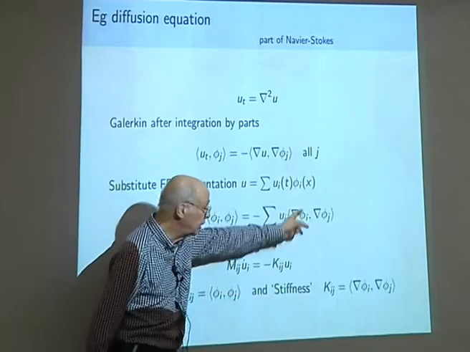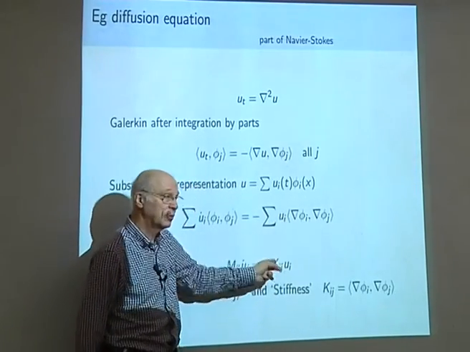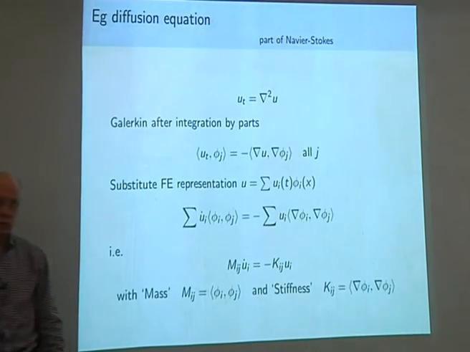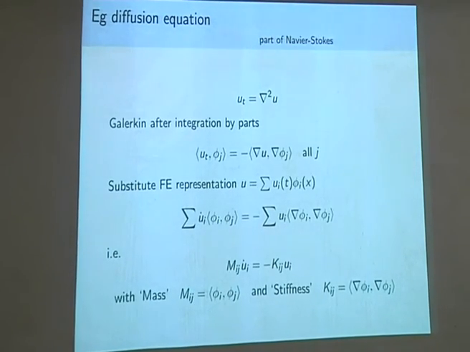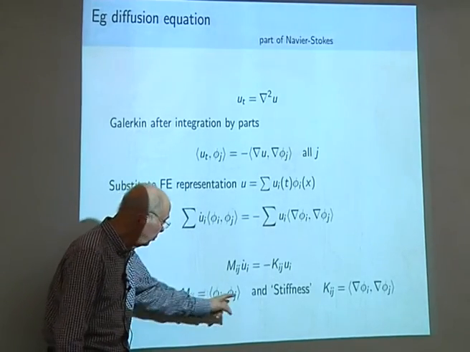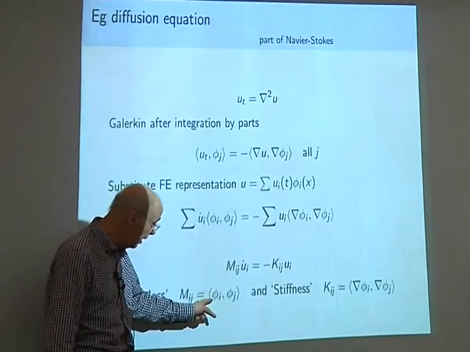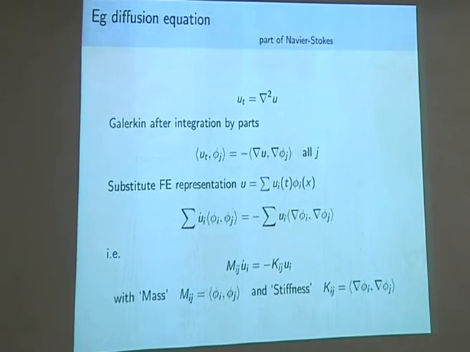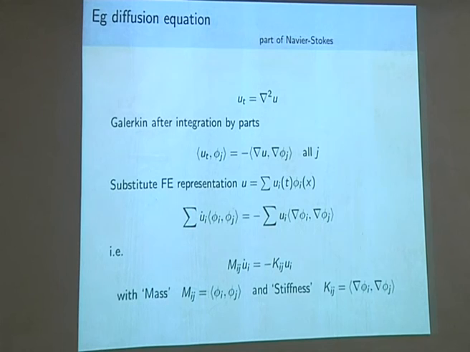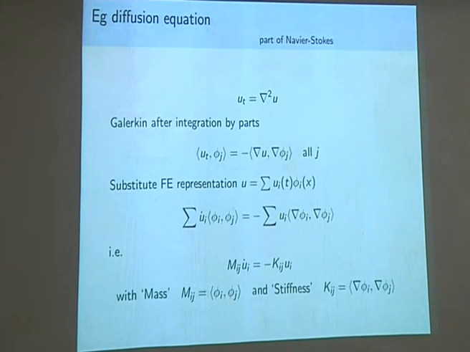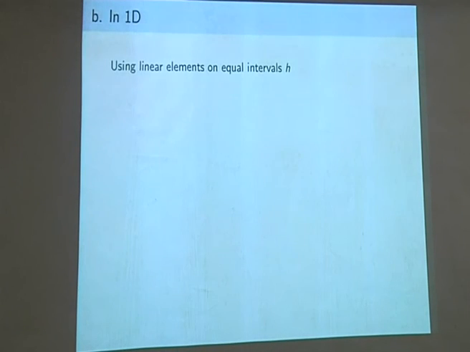It involves our stiffness matrix times the amplitudes that we've covered before, and there's a new matrix which is called the mass matrix, being the integral of phi i times phi j over the whole domain. So that's what's happened to the diffusion equation. It's become this M u dot equals minus K u.